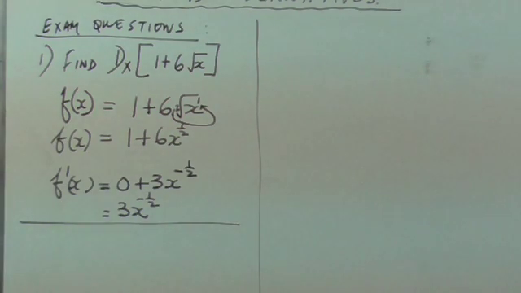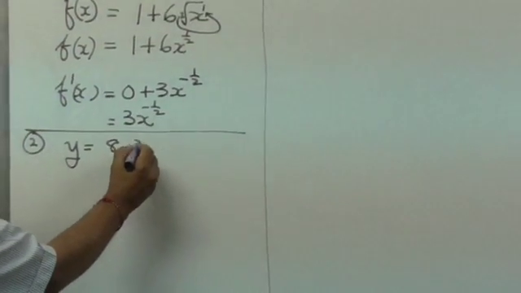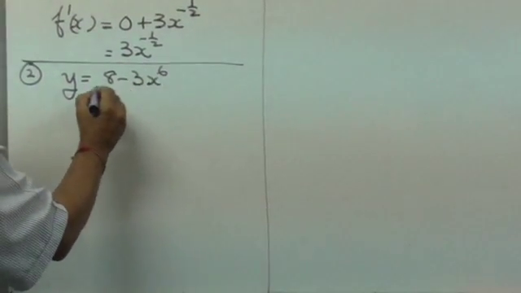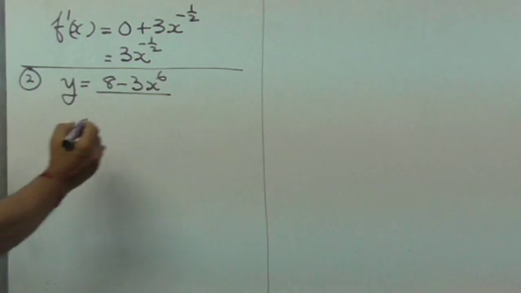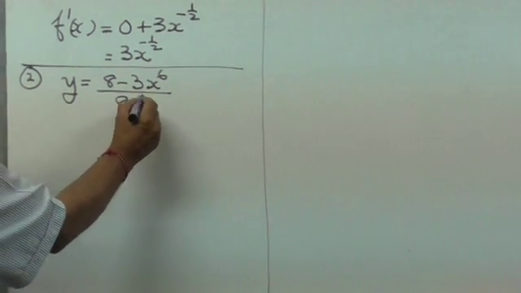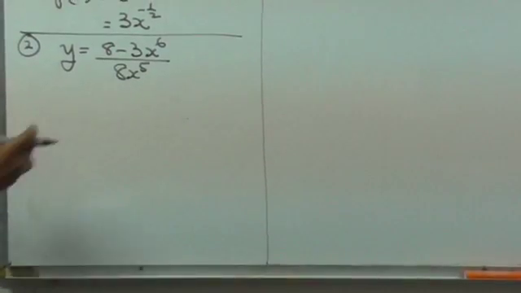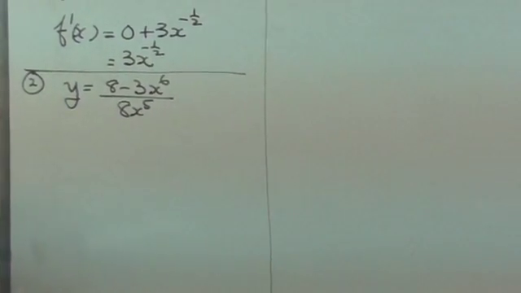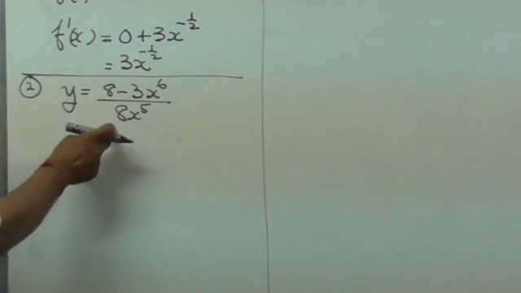Alright, now we're doing number 2. y is equal to 8 minus 3x to the 6 all over 8x to the 5. Now, you cannot do this like this. You will have to divide.